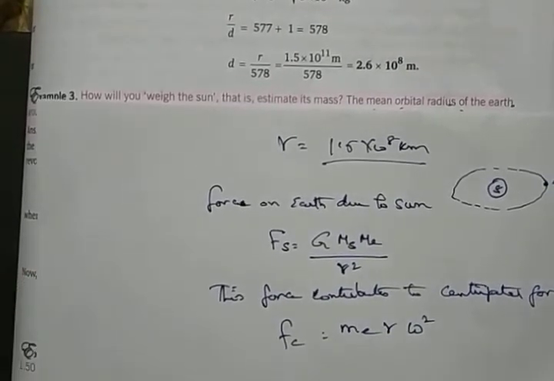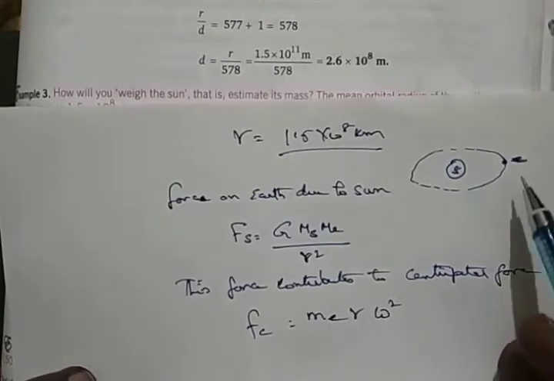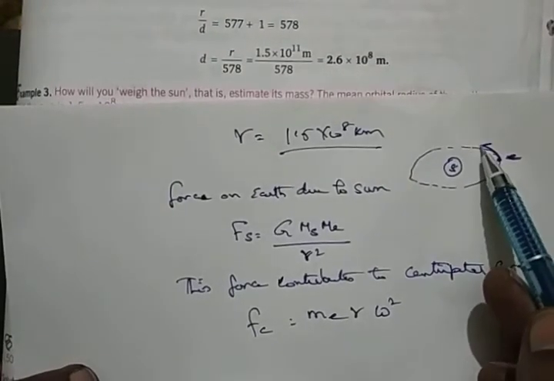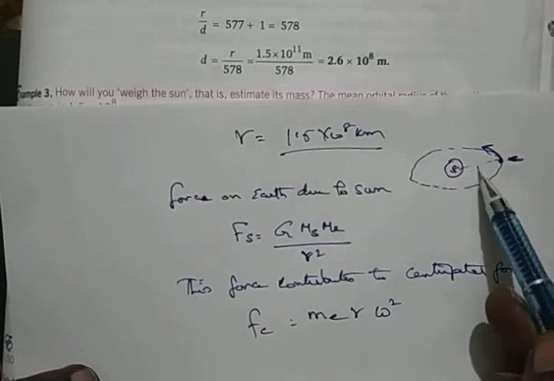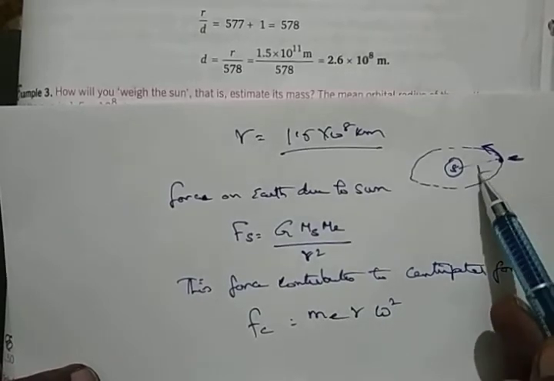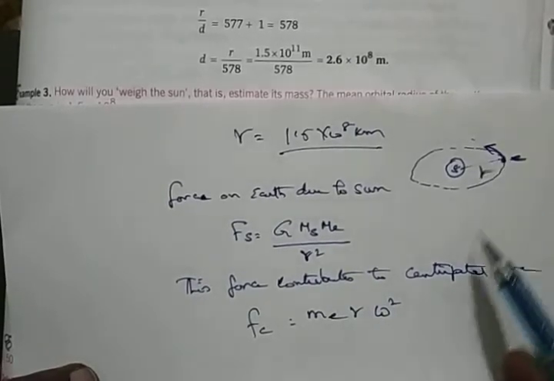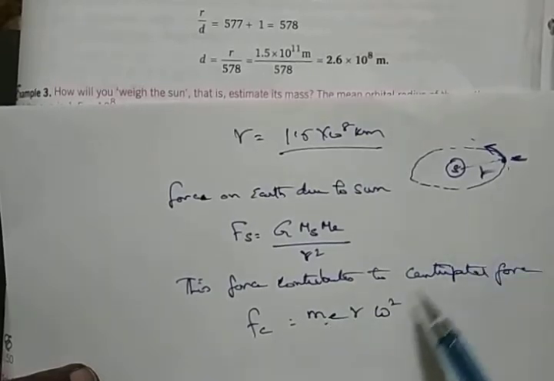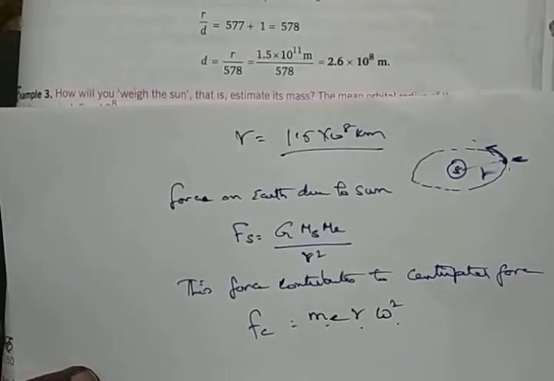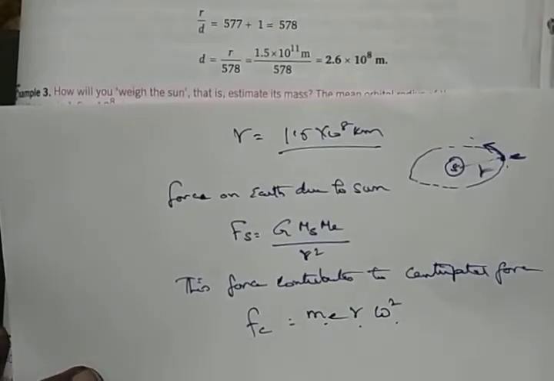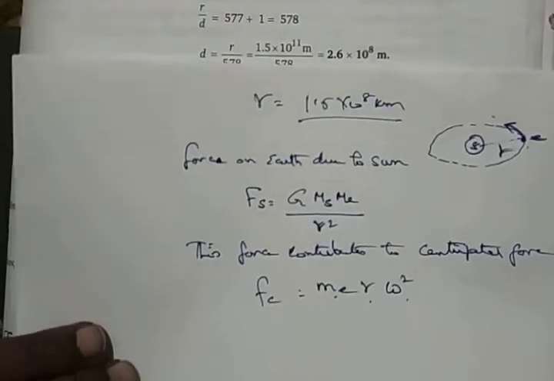That's the way in which this Earth will be revolving around the Sun. This is the orbit of radius R. Whenever it revolves, mass of the Earth and R omega square will be the one. Okay, equate both of these.